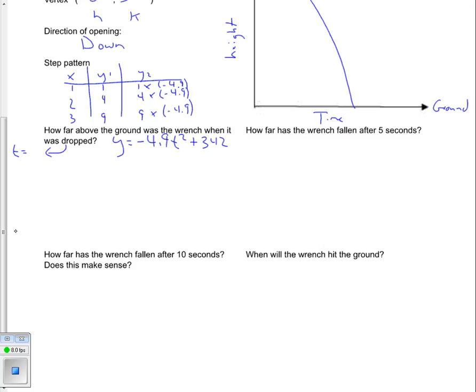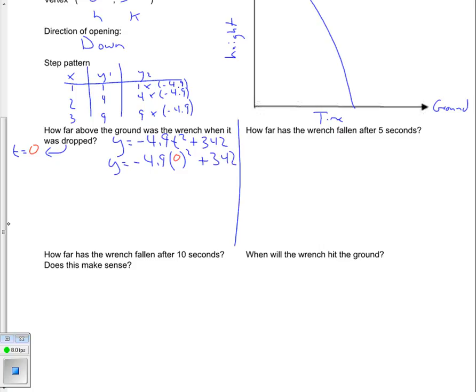When the wrench is first dropped, at the very moment, t represents the amount of time the wrench has been falling. It's been falling for 0 seconds. So we can substitute 0 for t. That means y equals negative 4.9 times 0 squared plus 342.